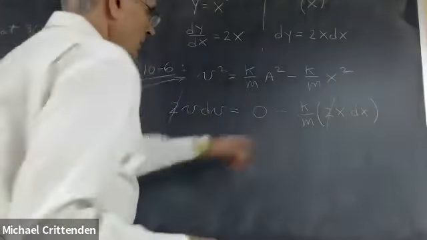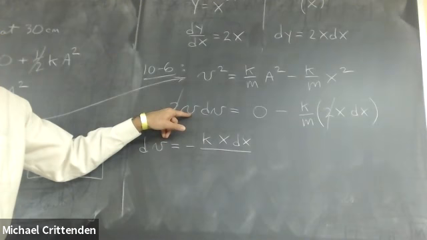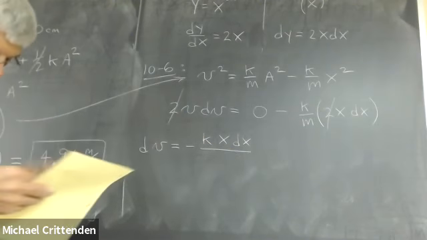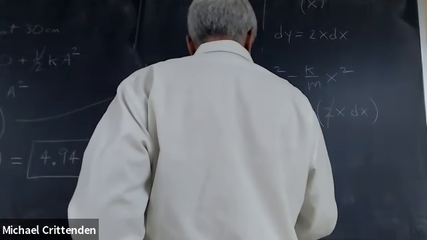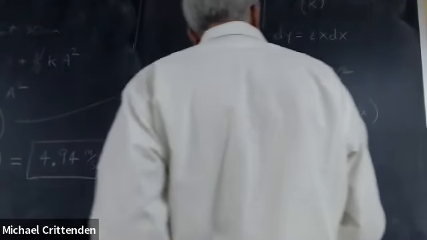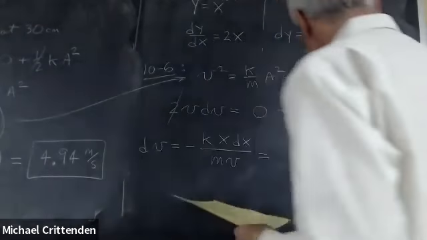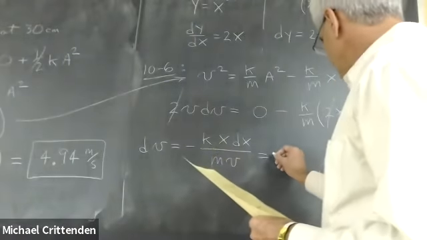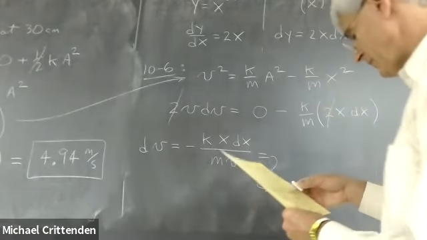On the bottom, we've got the mass, and also I've divided both sides by v, so that'll be down under there also. I'm going to write this a little lower so I've got some space to write around it.